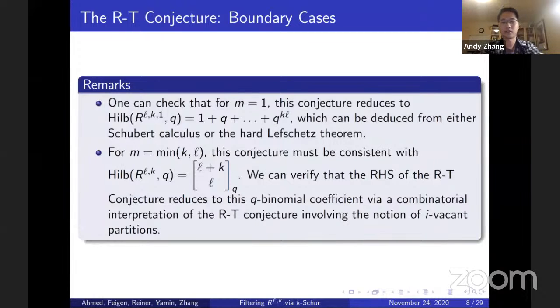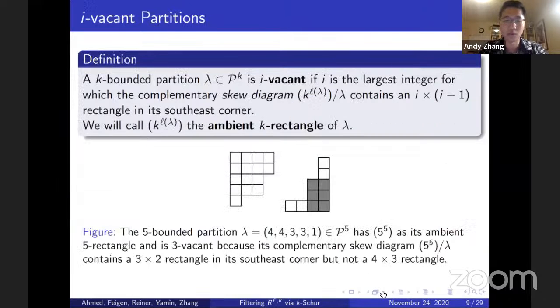In order to explain the first combinatorial interpretation of this R-T conjecture, we shall define some notions. We say a k-bounded partition lambda is i-vacant if i is the largest integer for which you can fit an i by i minus 1 rectangle in the complementary skew diagram.